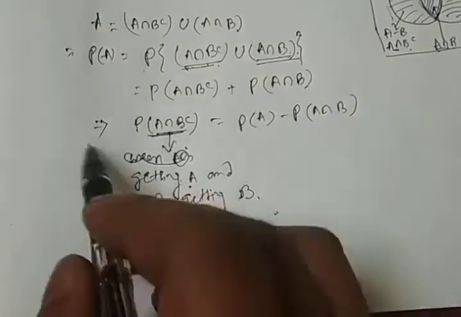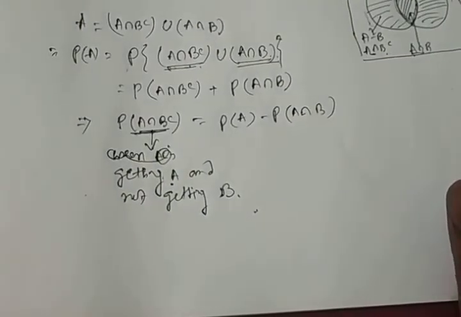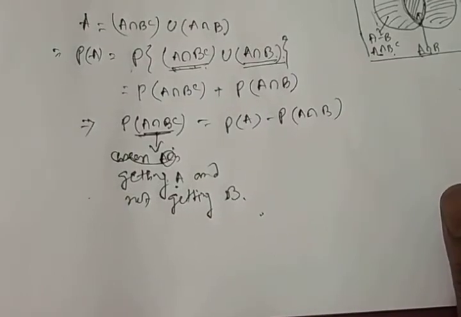So this formula will be used to find the probability of getting event A but not event B.